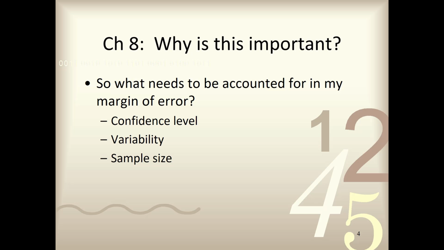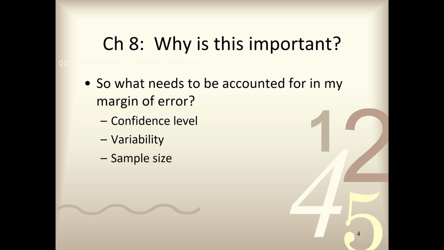Basically, if I want 99% confidence, then there's a 1% chance of making a type 1 error, which we'll talk about later. So think of it as 1% chance of error is 99% confidence, and 95% confidence is a 5% chance of error. Again, we'll talk about type 1 and type 2 errors in chapter 9.